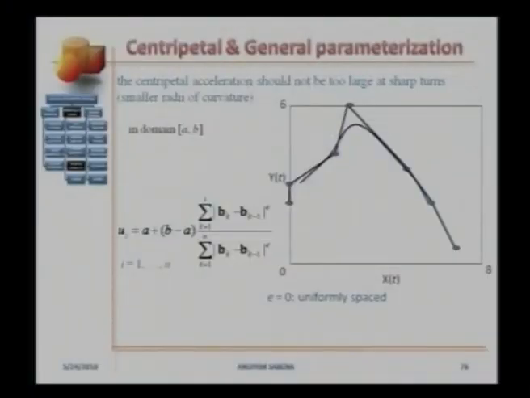For example, we used an exponent e, and for value of e equals 0, we came up with uniformly spaced knots. For exponent e equals 1, that was a chordal parameterization, and for e equals half, it was the centripetal parameterization based on which we had computed knots again. So, this scheme essentially related to knot vector generation to compute again B-spline basis functions and therefore B-spline curves.